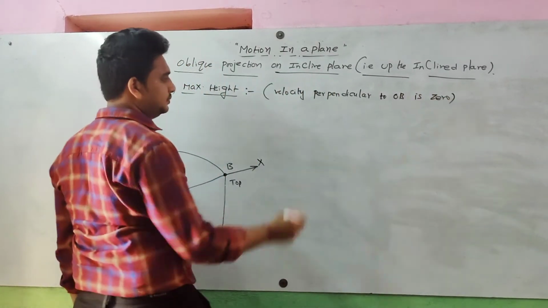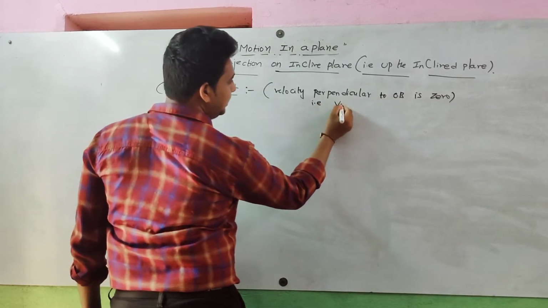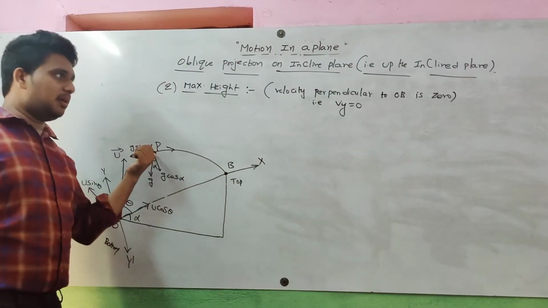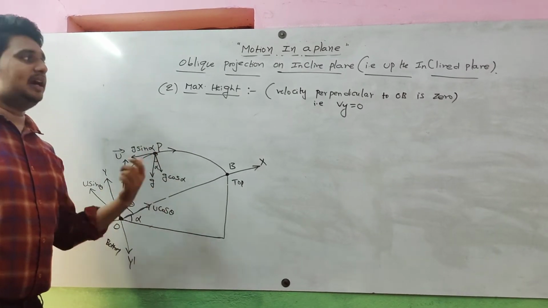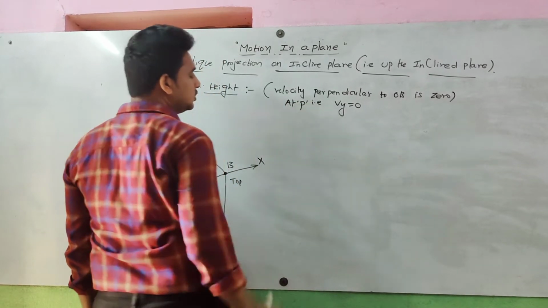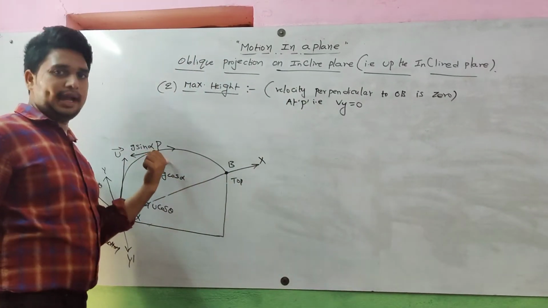That means Vy is equal to 0. So at maximum height, at point P, Vy is equal to 0.